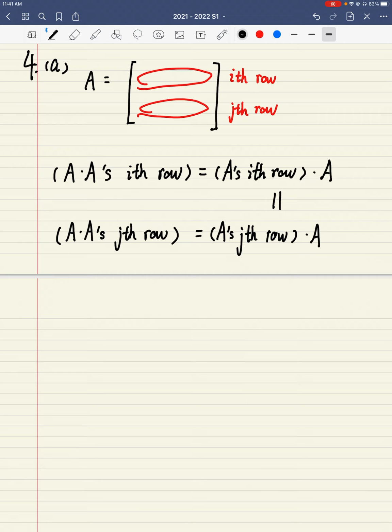All right. Part B. If A is a square matrix and A times A has a column of zeros, then A must have a column of zeros.